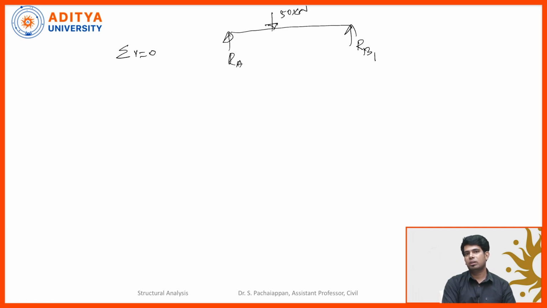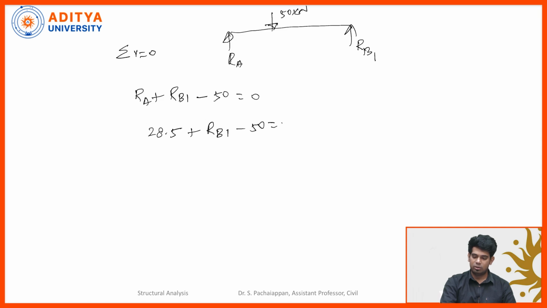Vertically upward I am going to consider as positive, and vertically downward as negative. So RA plus RB1, force is acting downward, so minus 50 equal to 0. Substituting the calculated value RA, which we already calculated, 28.5 plus RB1 minus 50 equal to 0.